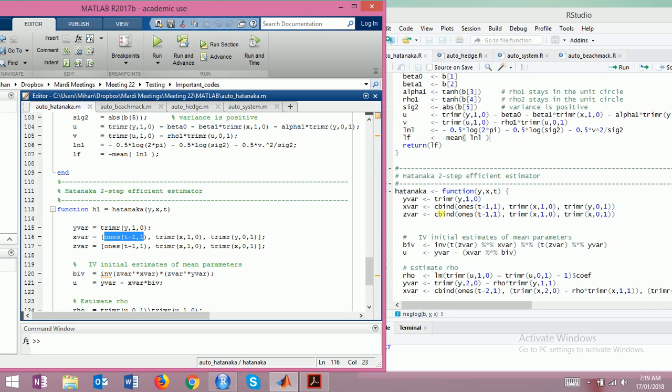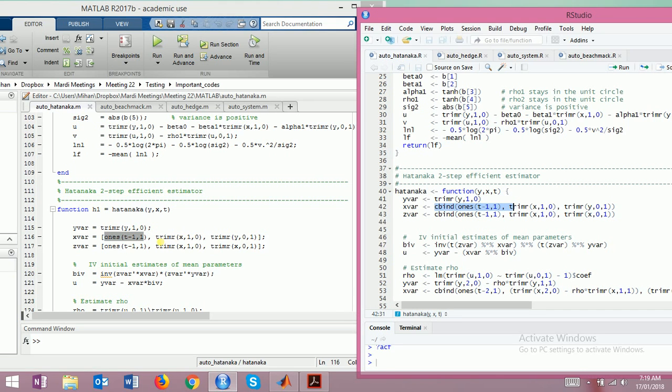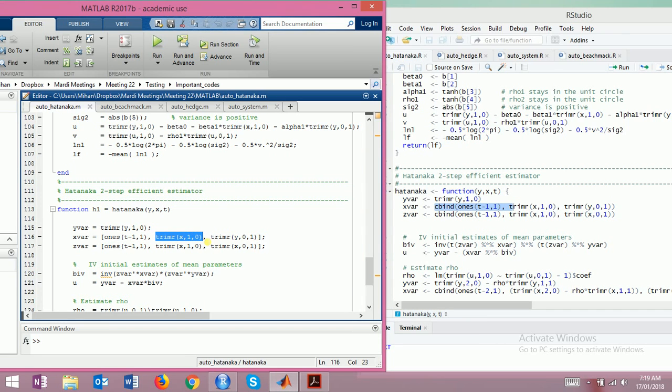So we're doing column bind. Second column, column bind, 1 t minus 1 1, trimmer x10, trimmer y01. So y10, y01.